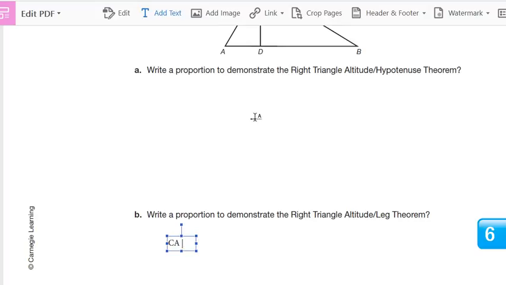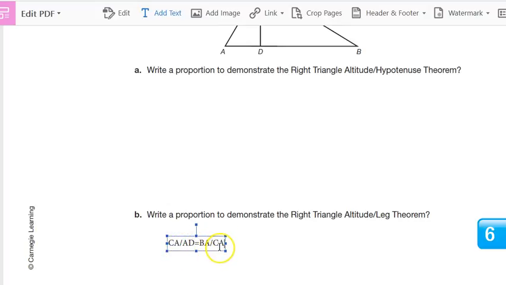What I like doing is putting the unknown side on the top. Notice the geometric mean goes in the numerator on one side and in the denominator on the other.